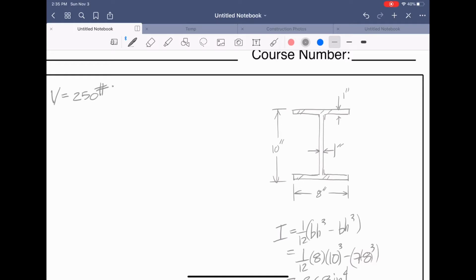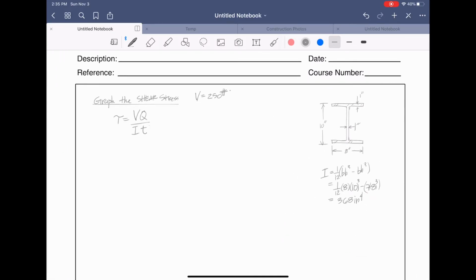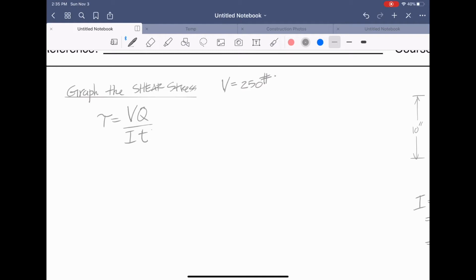So we know that tau is then equal to VQ over I t, where V and I are now known: 250 over 368, which is then equal to 0.68 over Q t.